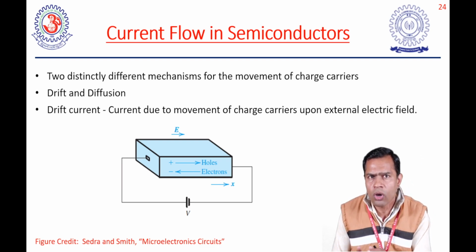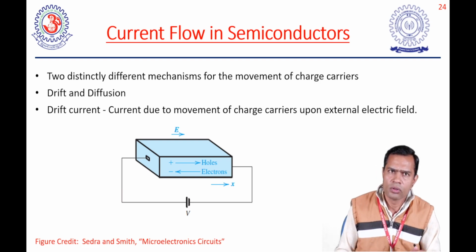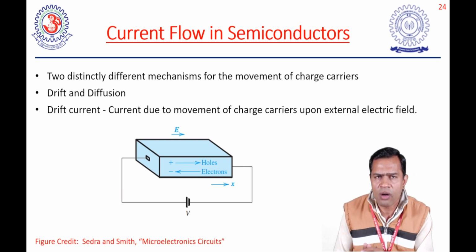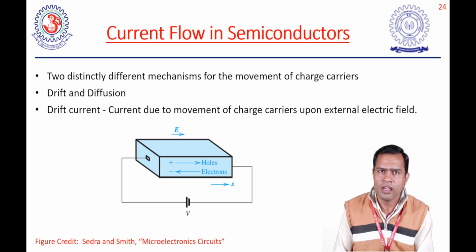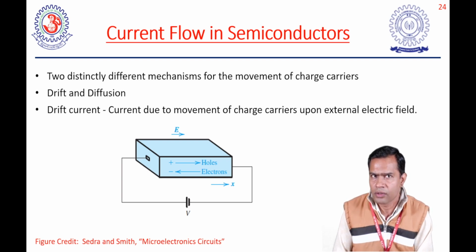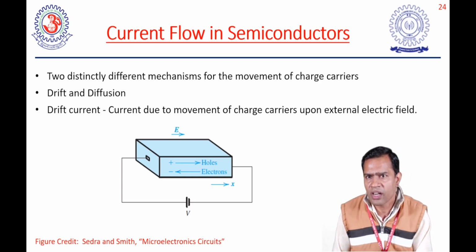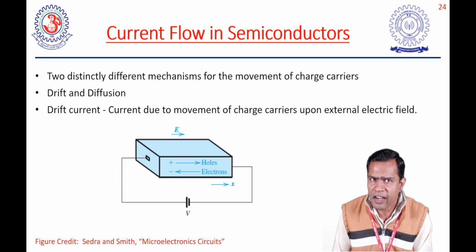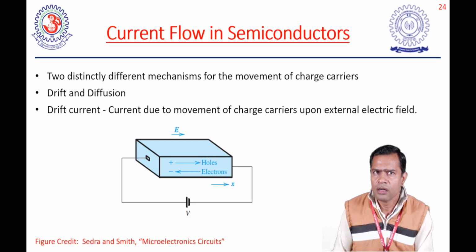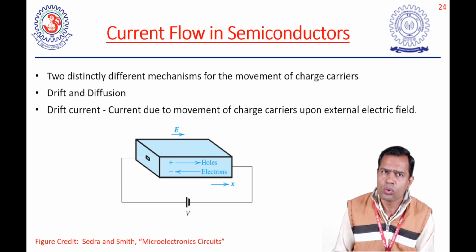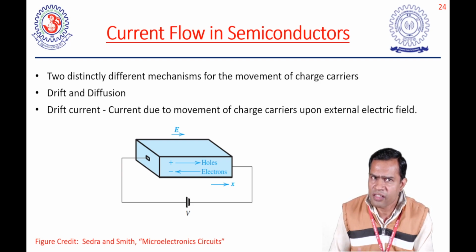Carrier may be hole or electron. Non-uniform concentration, we can say concentration gradient. So drift current is due to potential gradient and diffusion current is due to concentration gradient.